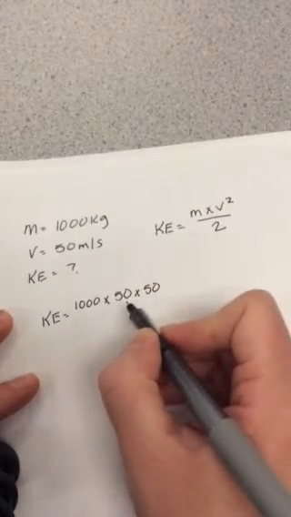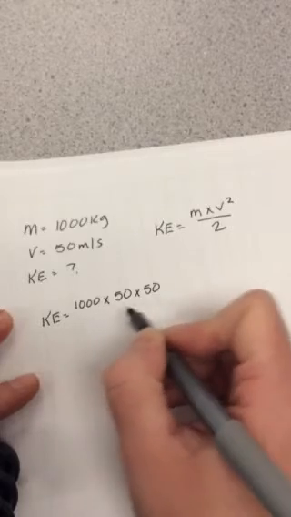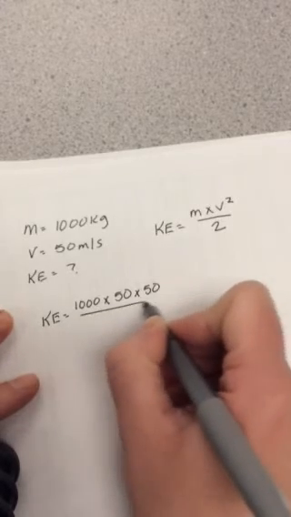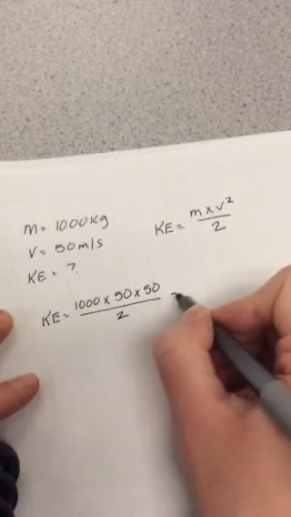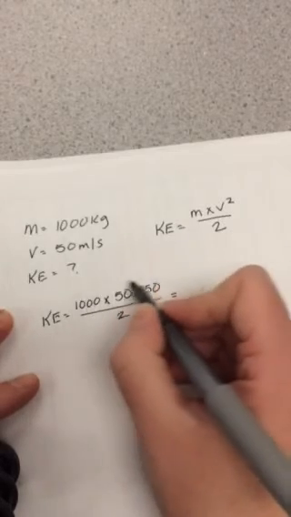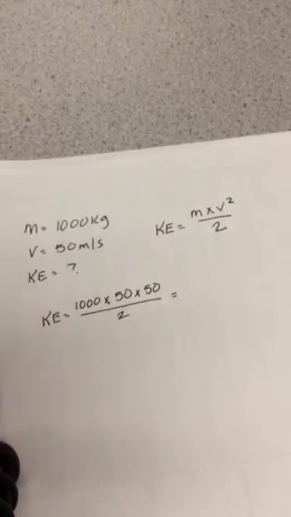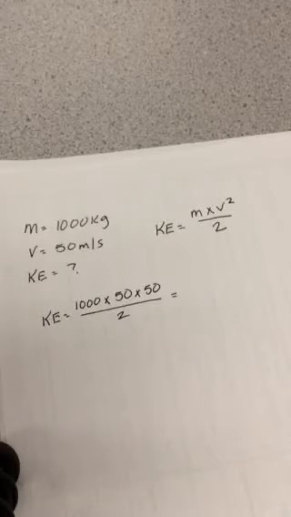So 1,000 times 50 is the same as 50 squared, divided by 2. I'm going to take care of all this business on the top first, and I think that's easier to simplify the problem. I'm using my calculator right now, so you can type this in with me.